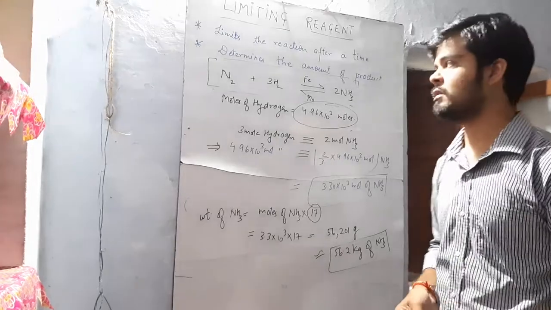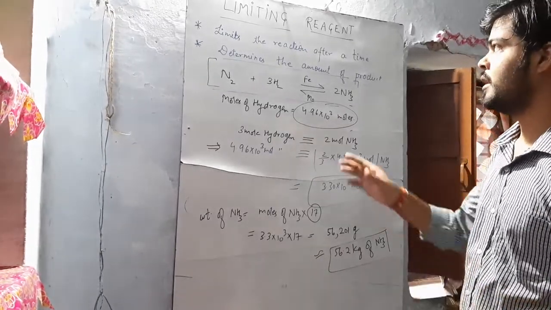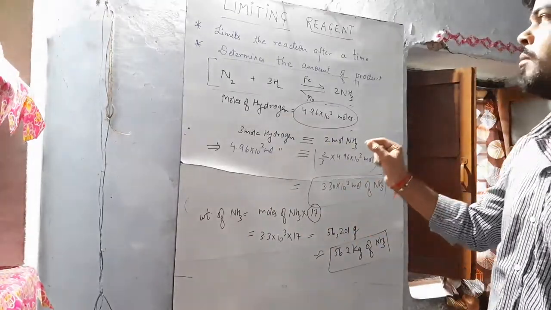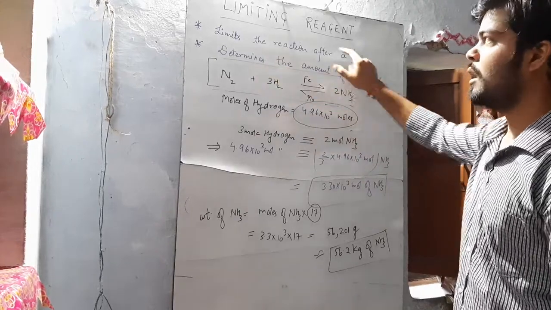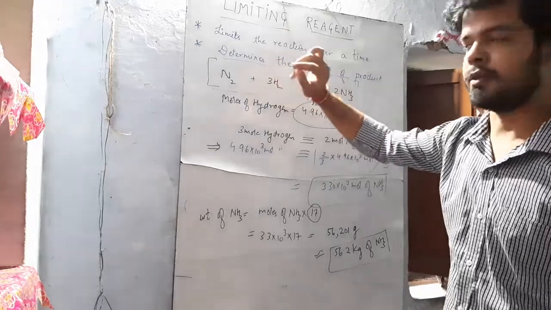I am just summarizing the complete lecture. The limiting reagent is a reactant that is present in the lesser quantity according to the balanced chemical equation. It determines the amount of product and it limits the reaction after a certain interval of time before its completion.